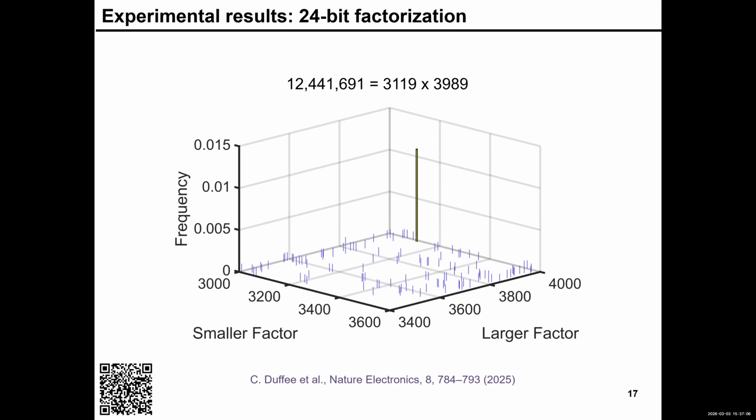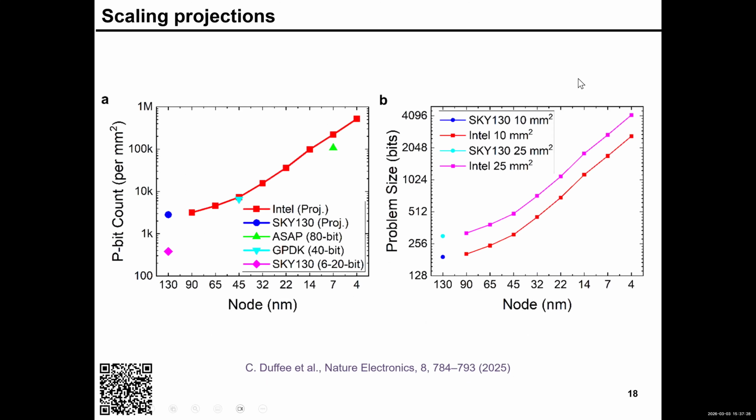But we took a look next at how big of a problem we think we can really address if we use a more advanced node, because as I mentioned, both of these chips were realized in 130 nanometer CMOS, so the transistor density was very small. The result of that exercise is shown here. These are basically projections based on a number of different PDKs mixed here.